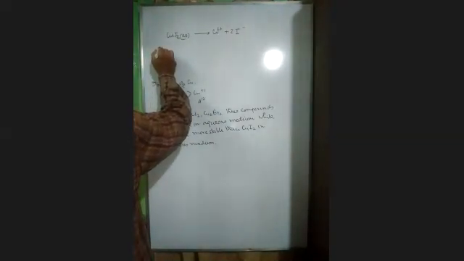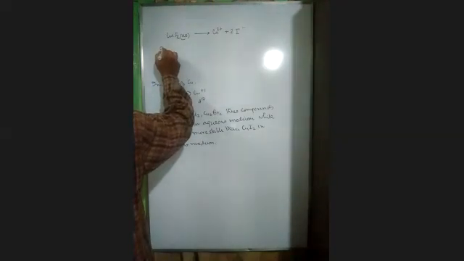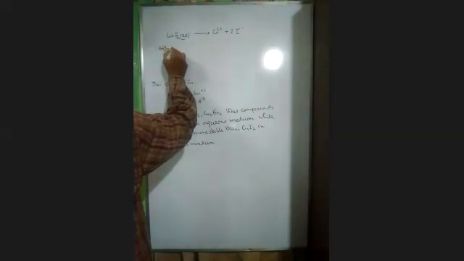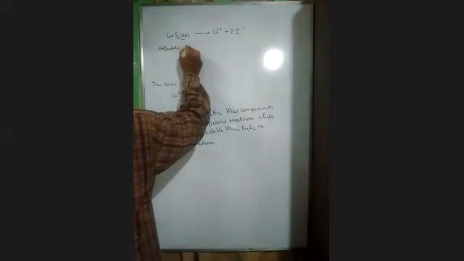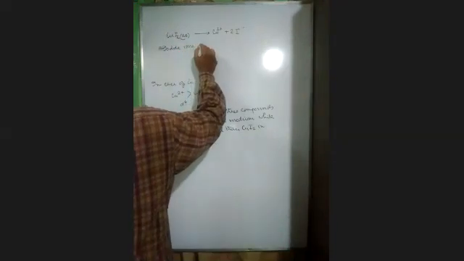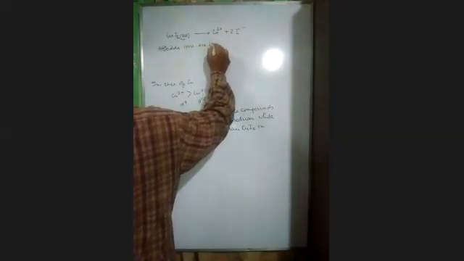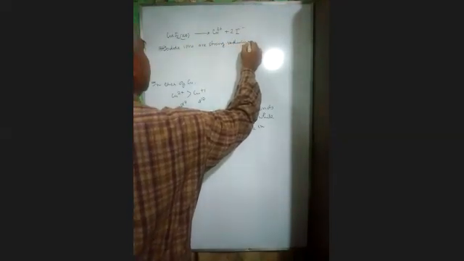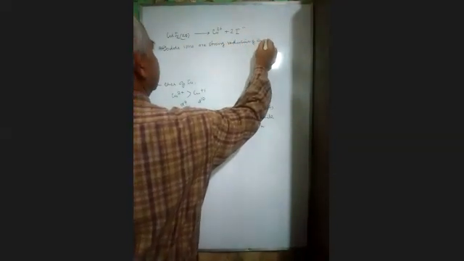Right here now, iodide ions are a strong reducing agent. Why is iodide a strong reducing agent? Why does iodide want to give an electron? Because iodine has the least electronegativity.